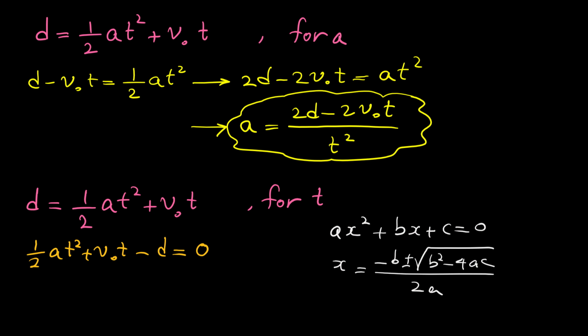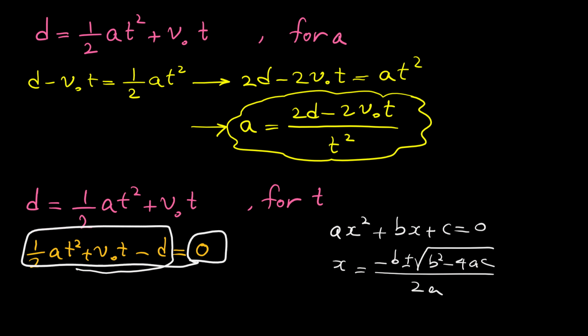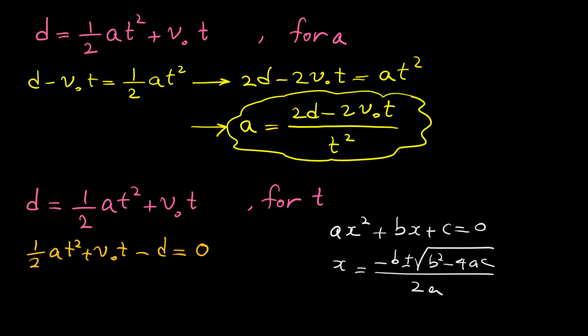So we multiply everything on the left and everything on the right by 2. The right side is 0, so 0 times 2 is 0. But if we multiply every term on the left by 2, we have at to the 2 plus 2v0t minus 2d equals 0.